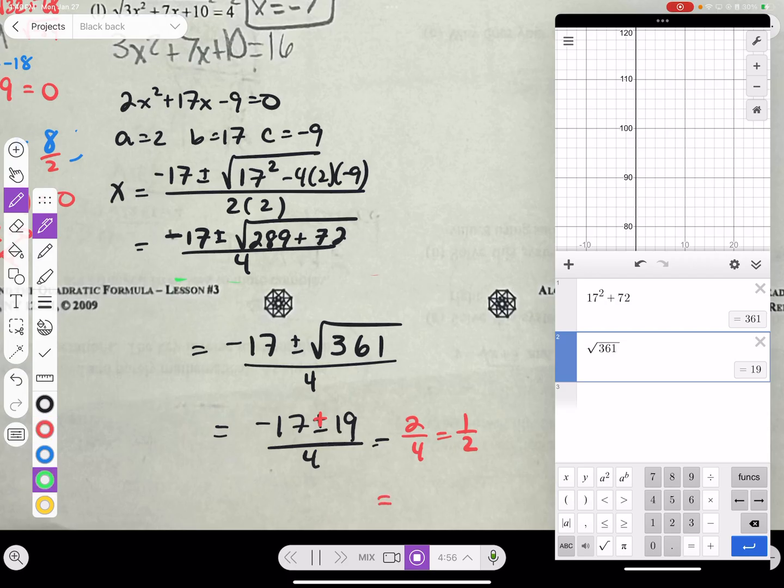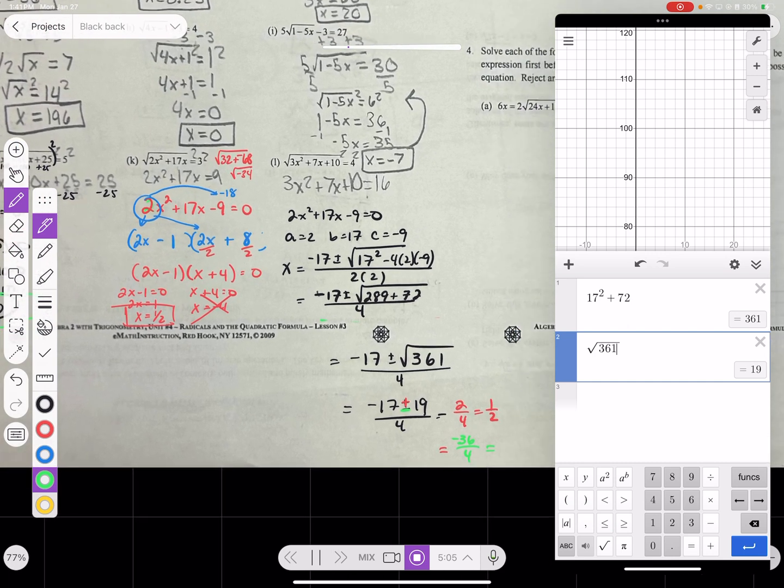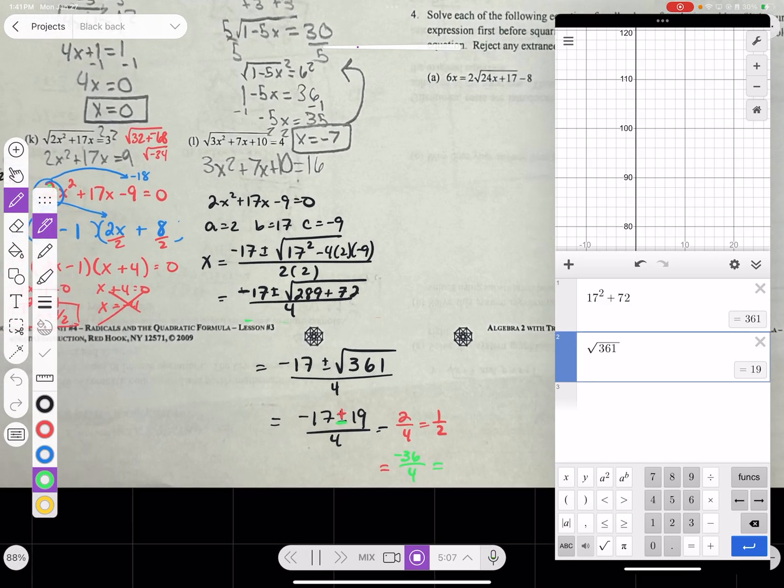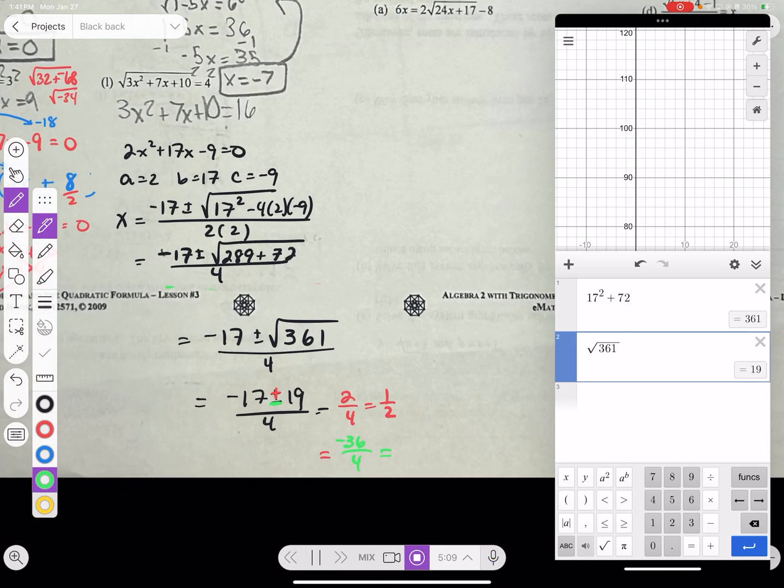Then I do the minus 1. Negative 17 minus 19 is negative 36 divided by 4, which is negative 9. That wasn't the other answer I got. Negative 17 minus 19 is negative 36.